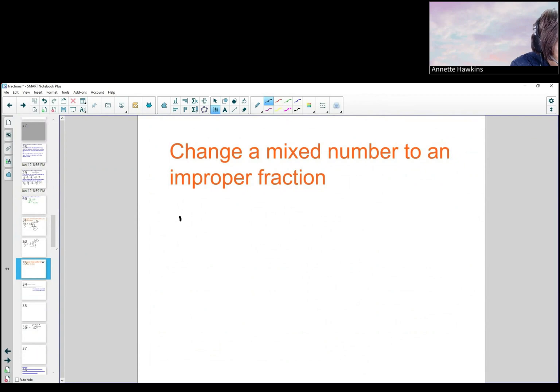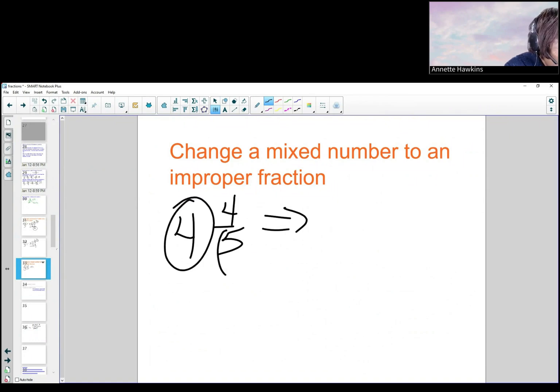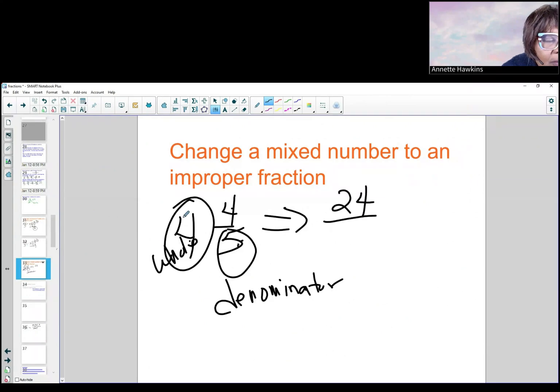All right, so 4 and 4 fifths is a mixed number, and we want to change it to improper. So we take the denominator and multiply it times this whole. 5 times 4 is 20, and then we add the numerator. That's 24 over 5.